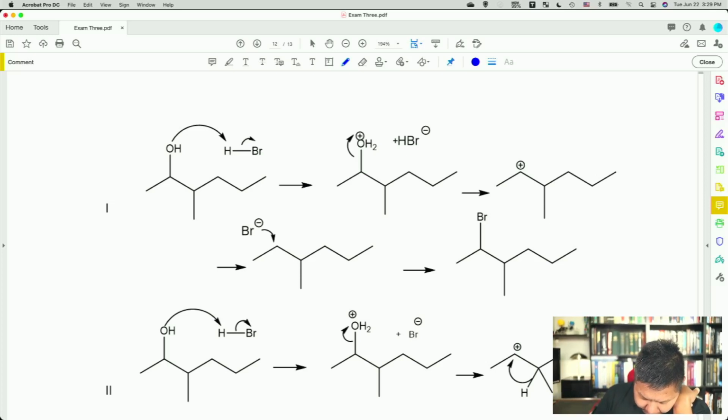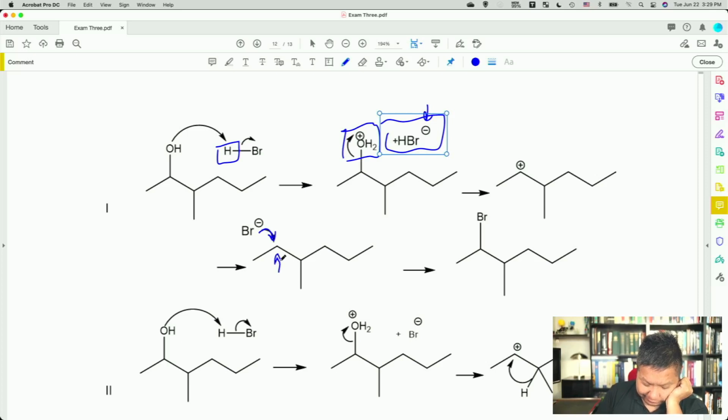It can't be this first one, and the reason is that when you get to the second structure, you have not a positive HBr, but an HBr with a negative charge. How is there an HBr there with a negative charge when you lost that proton already to the alcohol to make that water up there? To say nothing of the fact that this bromide is attacking this carbon for no reason at all.